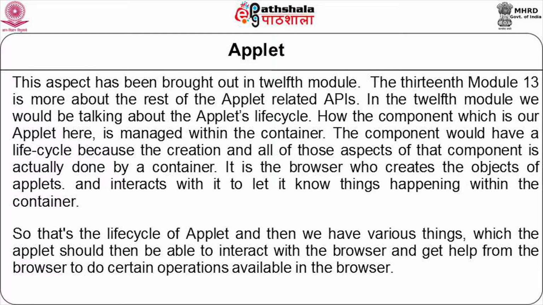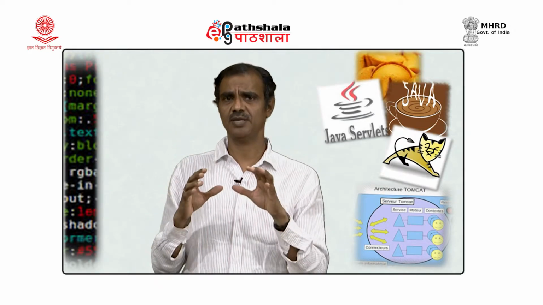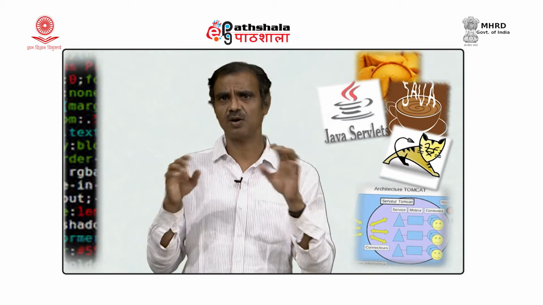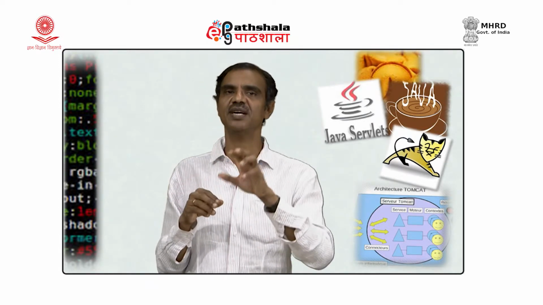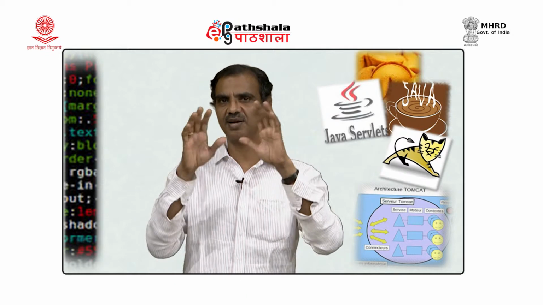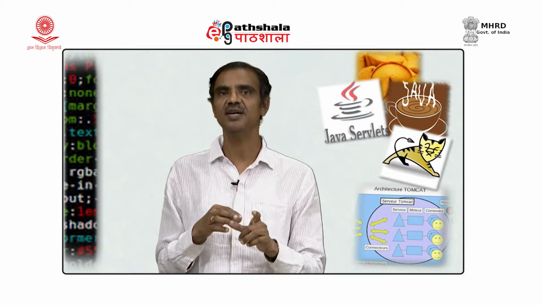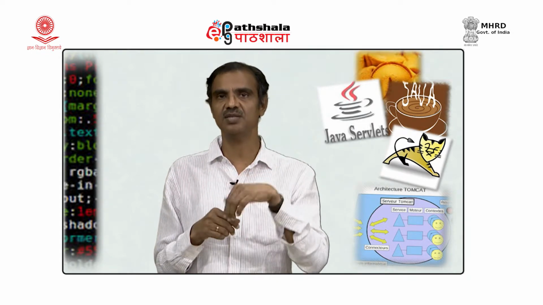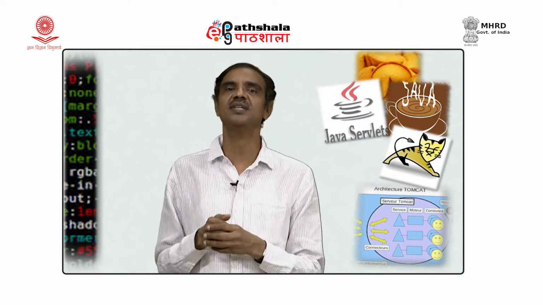And module 13 is more about the rest of the APIs. Module 12 would be talking about the life cycle, because the component, which is our applet here, is managed within the container. The component has a life cycle because the creation and all those aspects of the component are done by a container. It is the browser that creates objects of the applet and interacts with it to let it know about things happening within the container.